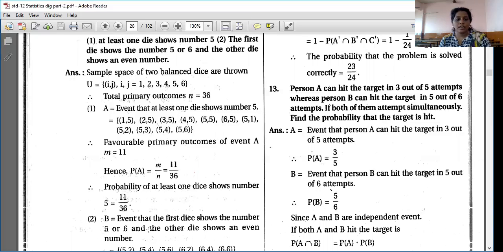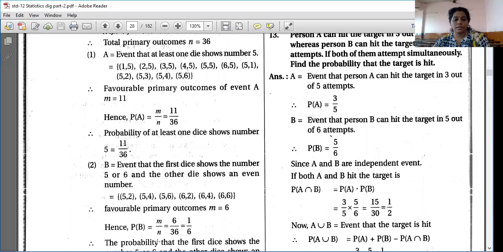Right? Now, second one. B equal to event that the first die shows the number 5 or 6 and the other die shows an even number. Okay, 5 or 6 and second die should be even, that is 5 2, 5 4, 5 6, 6 2, 6 4, 6 6, right?